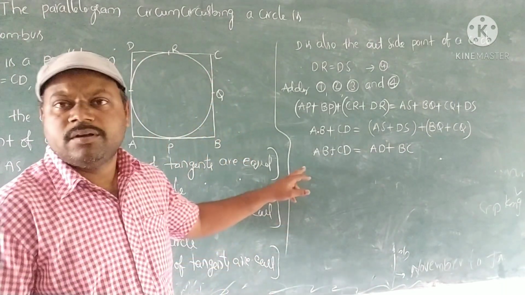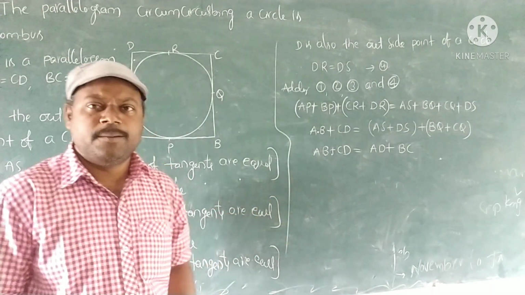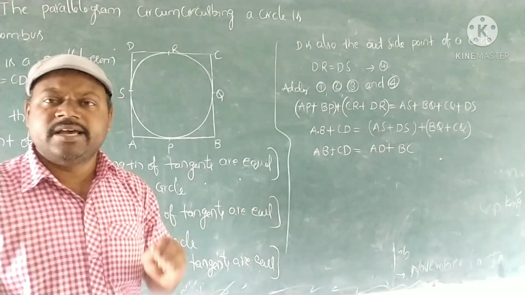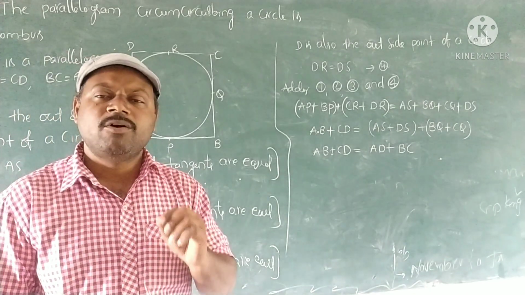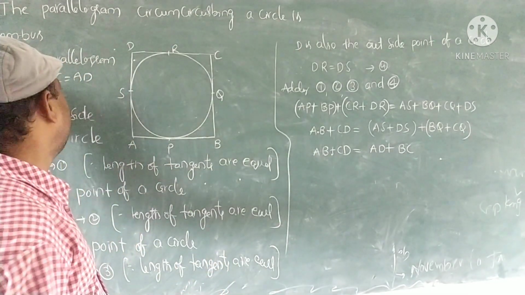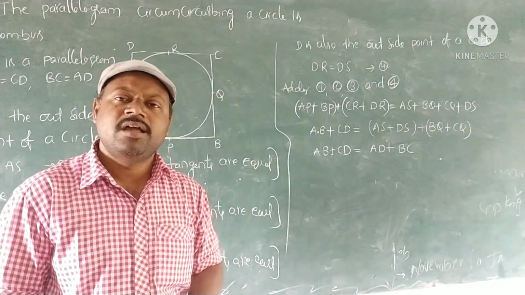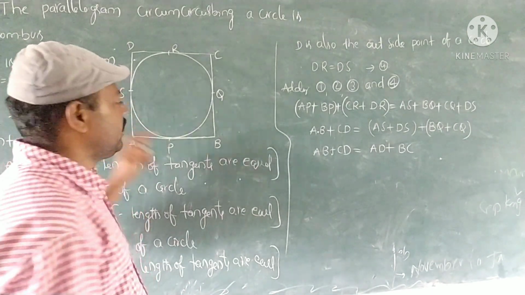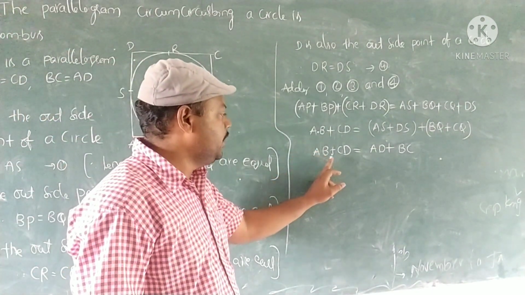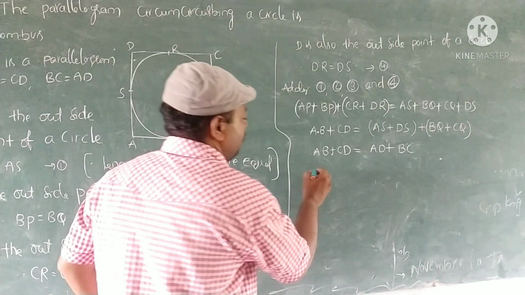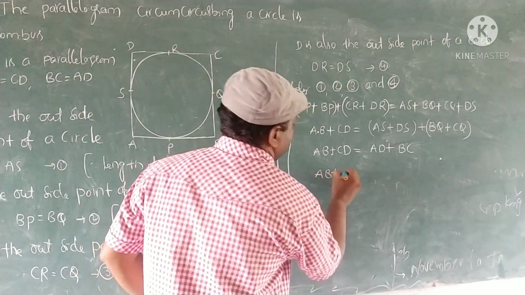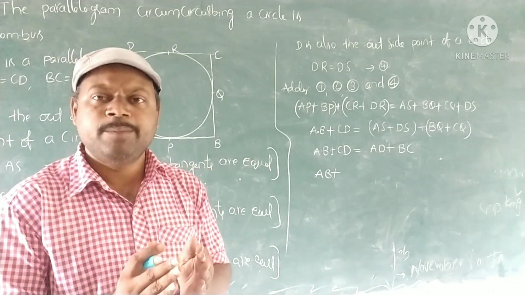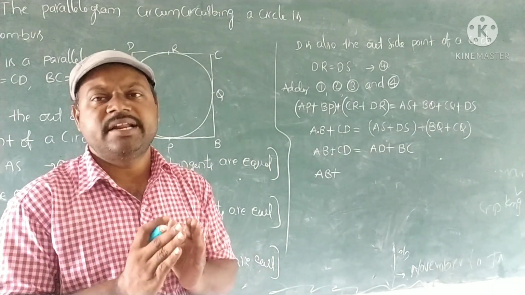This result is not complete yet. Observe the diagram, ABCD is a parallelogram. Parallelogram means opposite sides are equal.